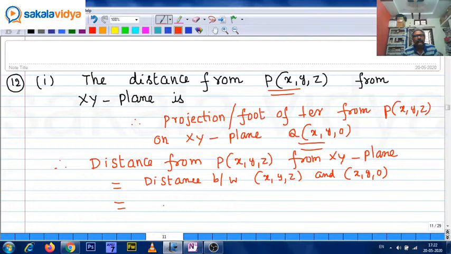So that is equal to the root of (x minus x) square, (y minus y) square, (0 minus z) square, that is root of z square, which is equal to mod z. So mod z.